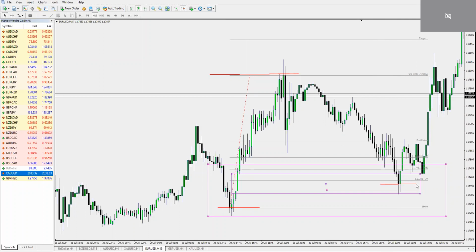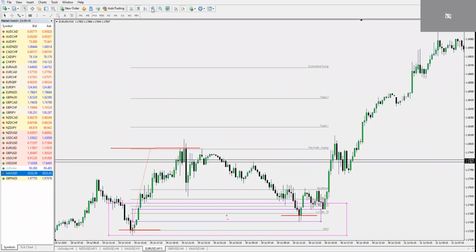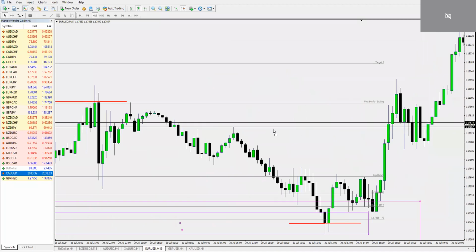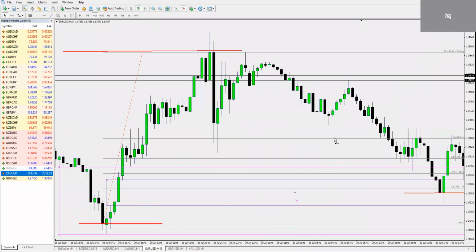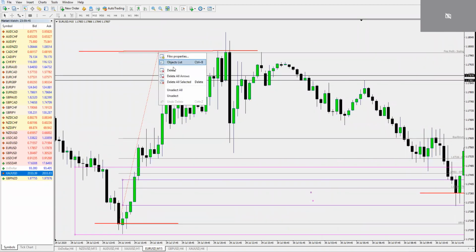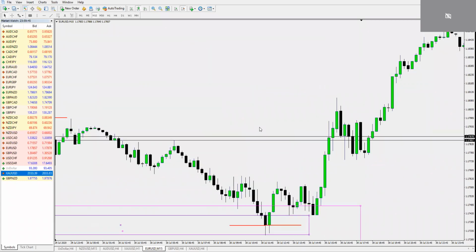But let's say, for example, we missed that entry over here. So what do we do? Let's zoom in and see if we can get another entry for ourselves using the fibs. So we already have an order block marked up, the pink 1 hour order block, the 15-minute fair value gap in purple. Price has already bounced off there. We've missed our opportunity. Now we want to get in again.